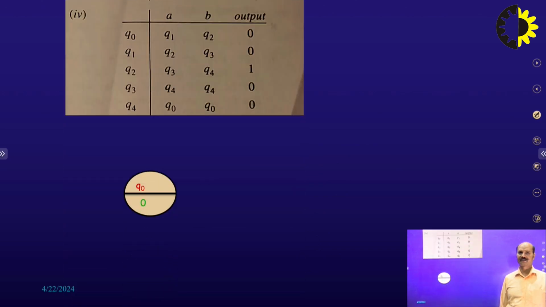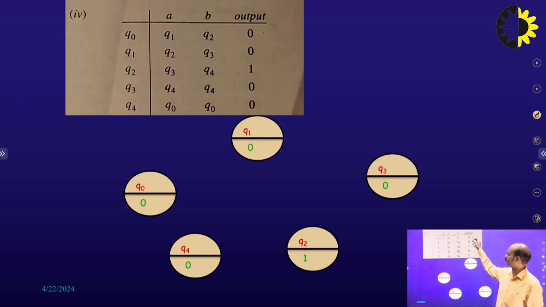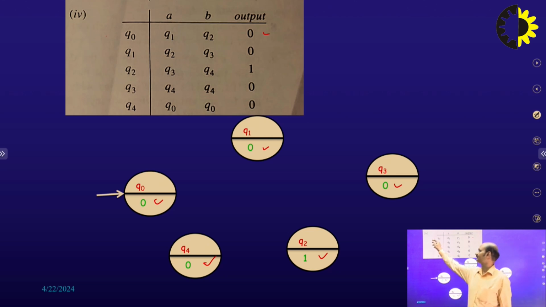Similarly, this numerical has 5 states, all represented with outputs Q0 0, Q1 0, Q2 1, Q3 0, Q4 again 0. Then complete all the transitions, put Q0 as the initial state and draw all the transitions like NFA and DFA.